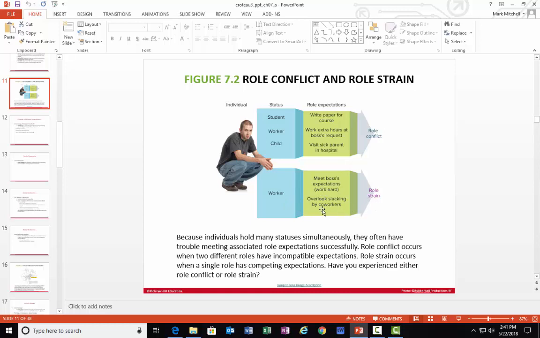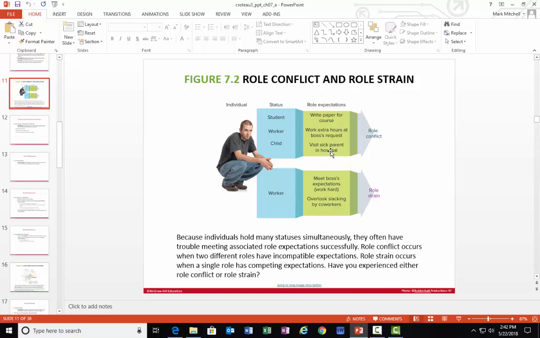What do you do? On the other hand, you could have role conflict, and so that involves multiple social positions, that of a student, that of a worker, that of a child, and then all the demands that you have that are related to each social position. That's what we have here. So a student has the assignments that he or she must do, again, the task at work you must do, and then the parental role that maybe you have to do.